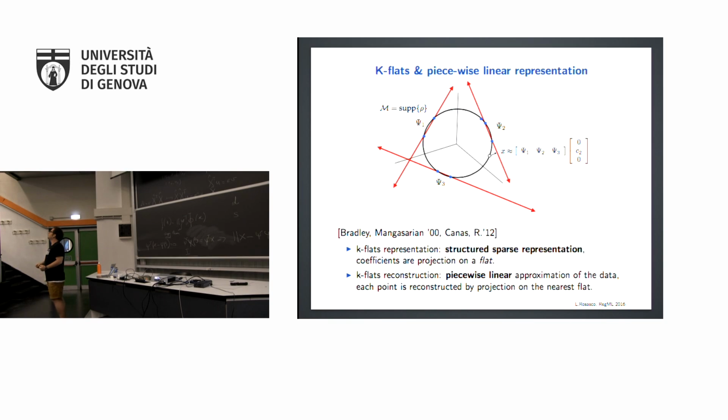So instead of picking a bunch of centers at random, you pick a bunch of subspaces, a PCA vector at random. Assign the point to the closest subspace, and then recompute the subspaces.